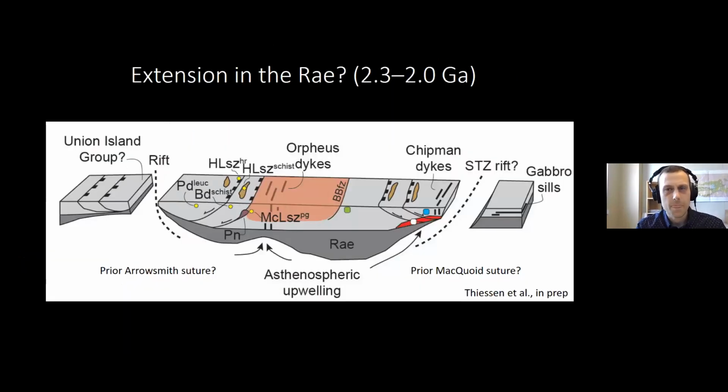Finally, this is a schematic cartoon for this time frame. Of course, it's oversimplified and spans 300 million years, but I think it gets the general idea across. First, I'll show you right in the middle, again, that peachy pink color is what used to be the Arrowsmith aged high-grade basement that is now exhumed, at least partially.